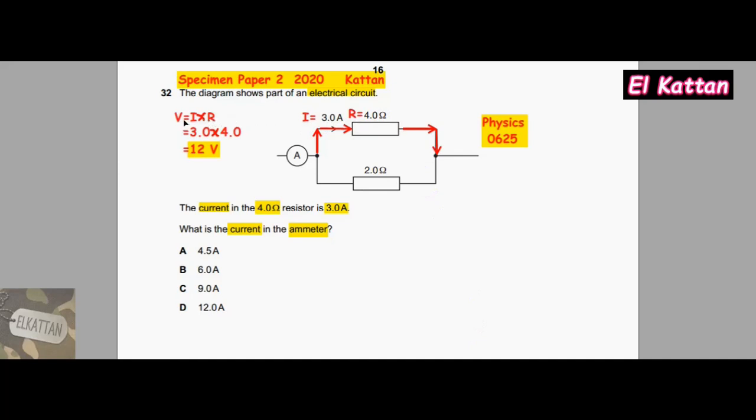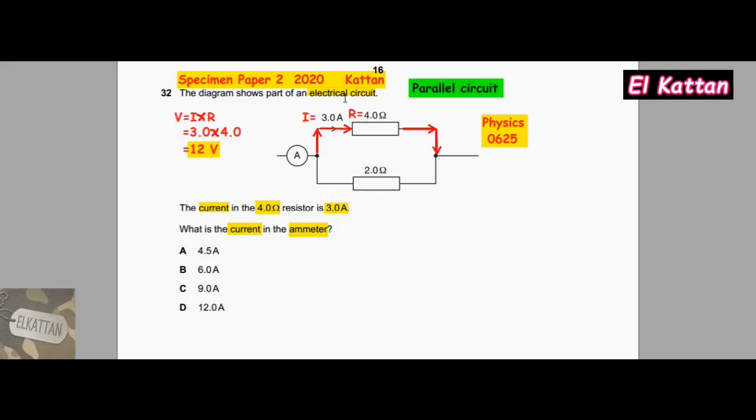So to calculate the applied voltage across the 4 ohm resistor, use Ohm's law: V, the voltage, equals I, the electric current, times the resistance. The value of the electric current, 3 ampere, times the value of the resistance, 4 ohm, gives a voltage of 12 volt.